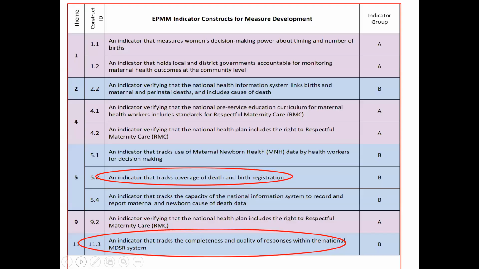So here's what I told you. I just wanted to flag here that 5.2 and 11.3, the ones that are circled in red, I think we could align them better. Perhaps 5.2 could be those 4 indicators, and this one on completeness and quality could be a different set of indicators that are more on the quality of that information for those other 4 indicators.